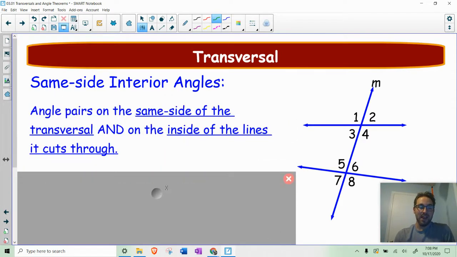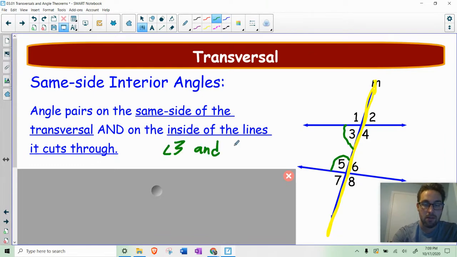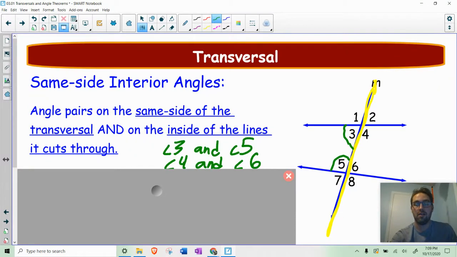So same side interior angles are going to be on the same side of this transversal M, and they are both on the interior of the two other lines. So that could be like this, angle 3 and 5, or angle 4 and angle 6.